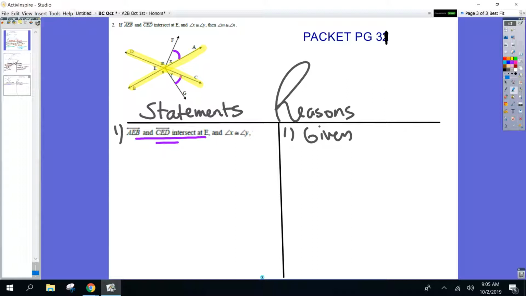Anybody see anything? Come on, don't give it away. Just tell me what your next step thought is right now. I don't want you to give away the whole proof, though.